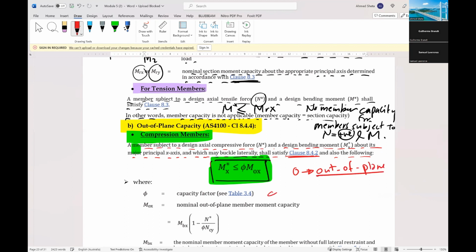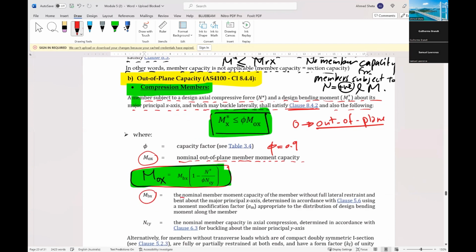Where again phi equal to 0.9 and MOX is a nominal out of plane member capacity, or MOX equal to the following, where MOX equals MBX times (1 minus N star over phi NCY), where MBX is the nominal member capacity of the member without full lateral restraint and bent about the major principal axis determined according with clause 5.6, which we have done earlier today.